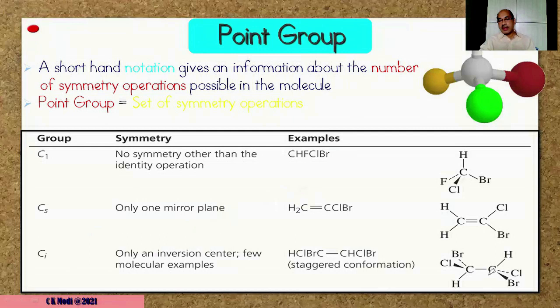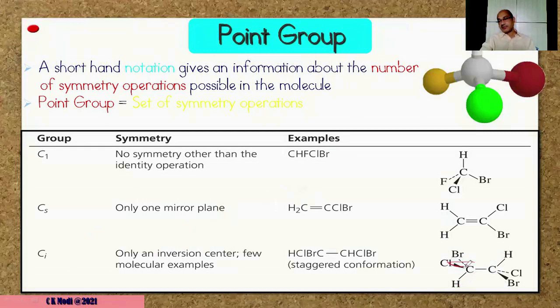Now here in this molecule, only one symmetry operation, that is i, is present. Look at this. If I start my journey from this bromine atom to the center, on the other side of the center I get the same atom, that is bromine. So i is present. If I start from this hydrogen to the center, on the other side of the center we get the same hydrogen.